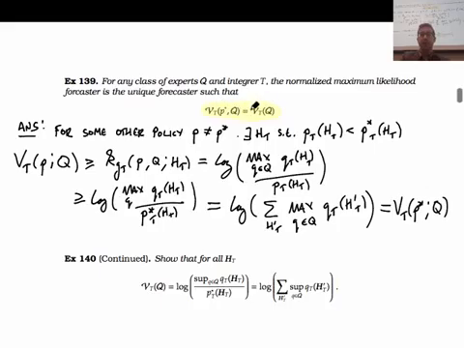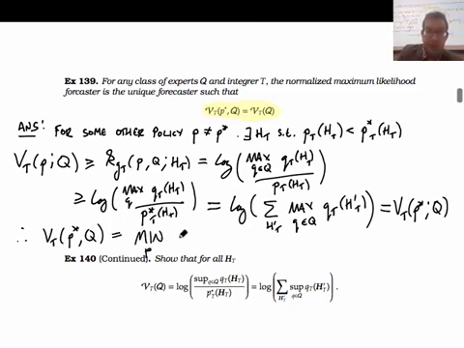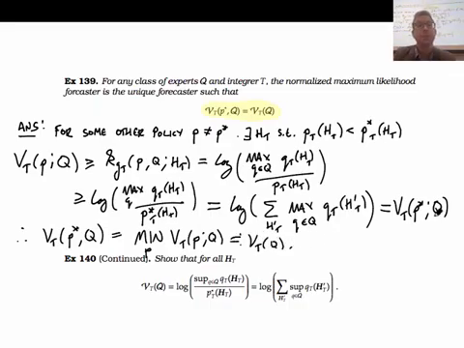This is defined to be the minimum over P. So therefore, V_T of P star of Q is equal to the minimum over P of V_T P of Q, which by definition is equal to V_T of Q. Okay? So we're done. So it sounded like it's going to be really a difficult result. It's not that bad.